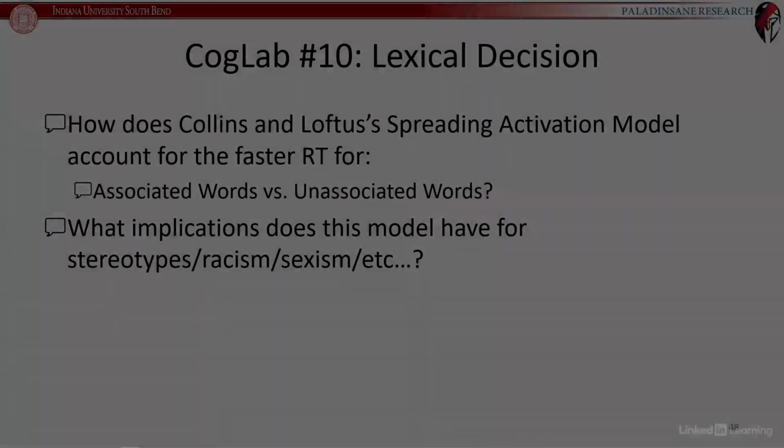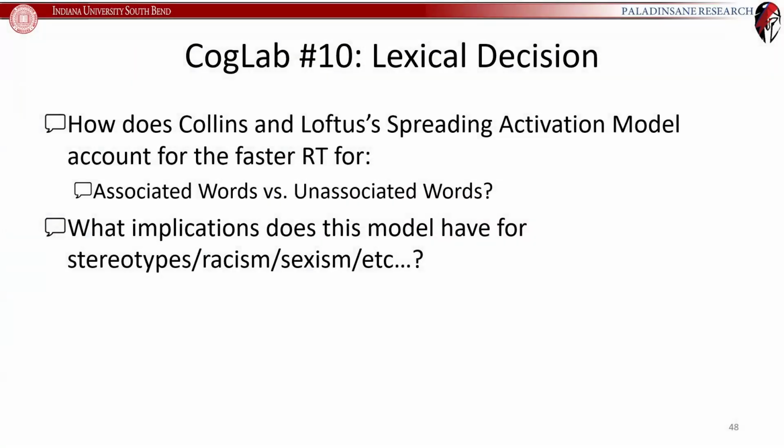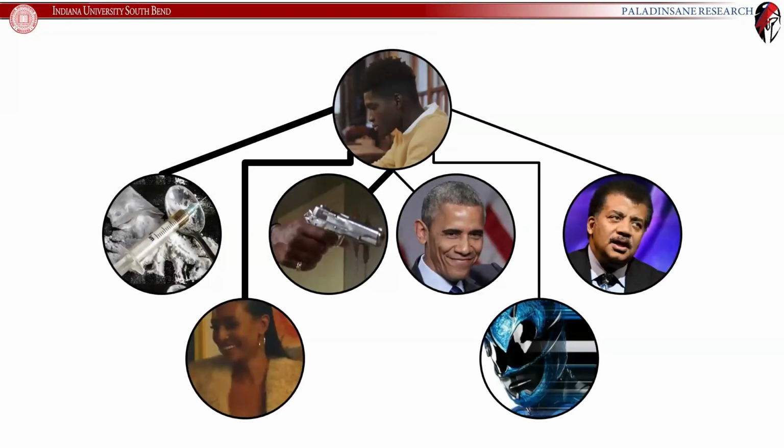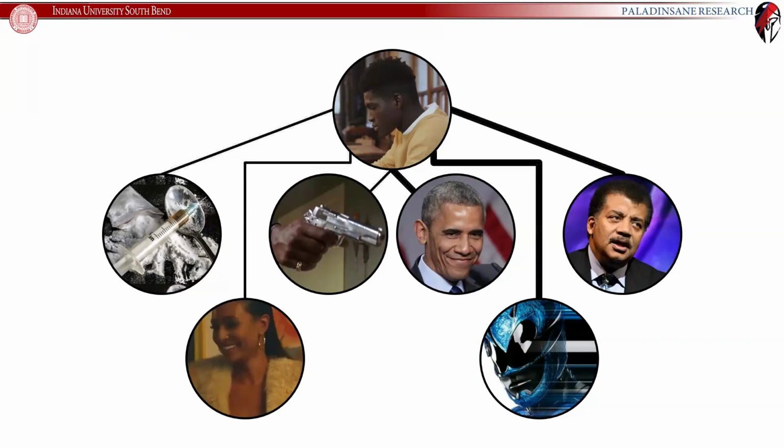All right, so the idea of internalized racism is just like, how bad can your mind betray you? As long as you are living in an environment where there's racial bias, as long as you're living in an environment that has biased ways of representing or thinking about individuals, you will have a spreading activation network that is associated with the negative stereotypes as opposed to the positive stereotypes.